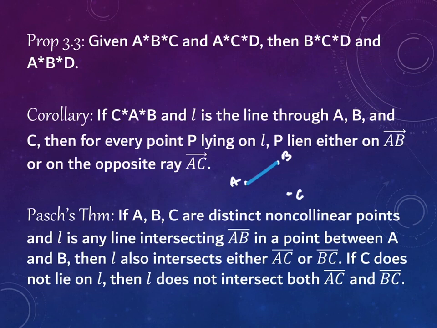And there's a line L. And the line L crosses through AB. And it kind of has three possibilities. One possibility is that the line L crosses in such a way that it intersects C like this. A second possibility is that it crosses so that C is over there on the side with B. And a third is the possibility that C is over here on the side with A.